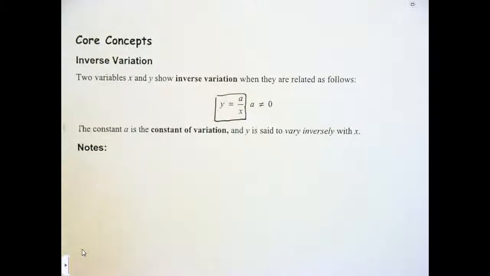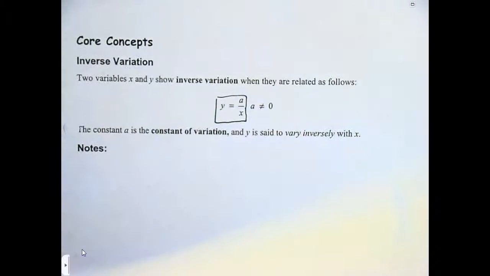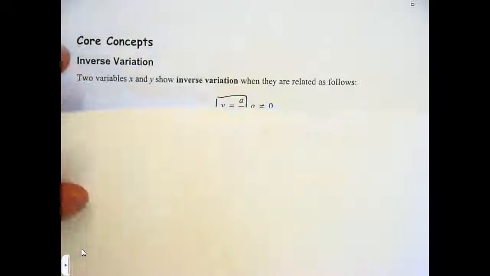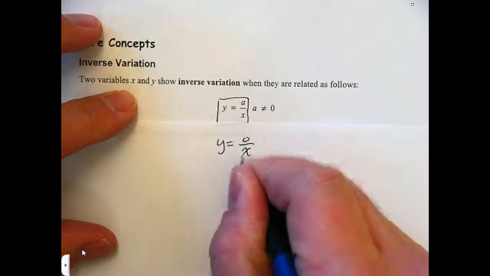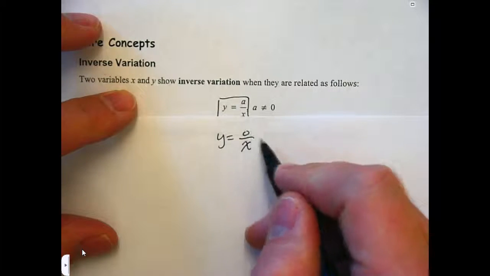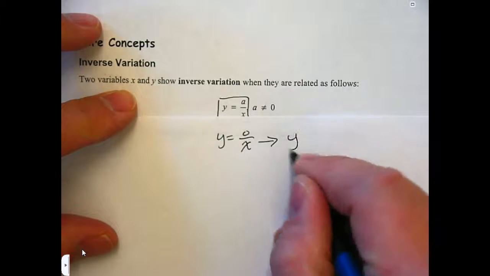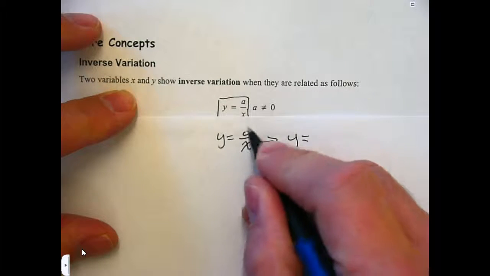Why can a not equal 0? Well, you can. It's just, if a equals 0, what is that answer? It's 0. If I had y equals 0 over x, then y equals 0.